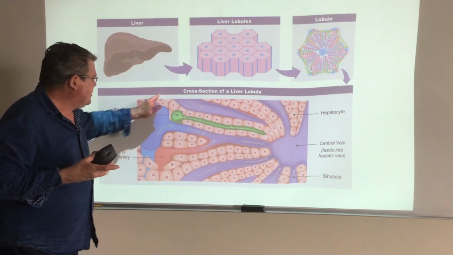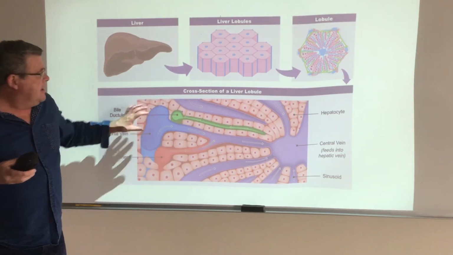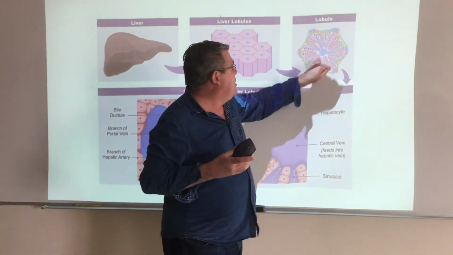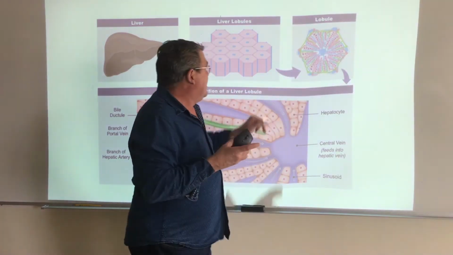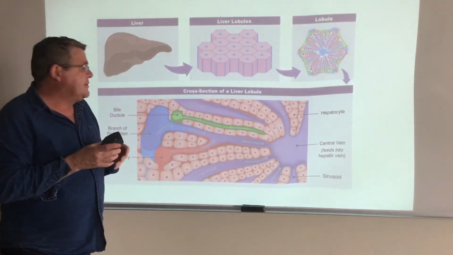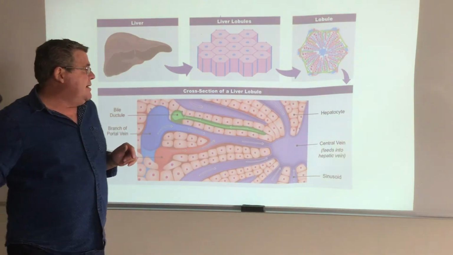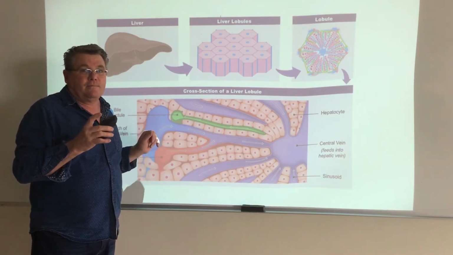I'll show you hepatic triads in another slide or two. And then going in and going out, we see all of these spokes. It's a spoke-like network coming from the triads and going to the central vein, or conversely, going away from the central vein area to the hepatic triad.